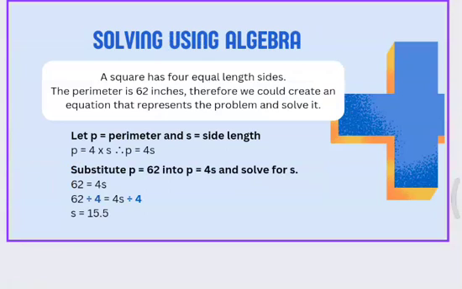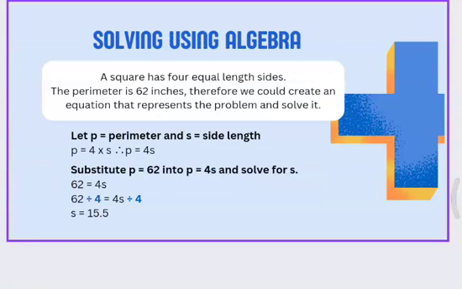Those variables may be any alphabet. It may be A, it may be B, it may be C, any alphabet you can think about. So those are the variables you use to solve using algebra.